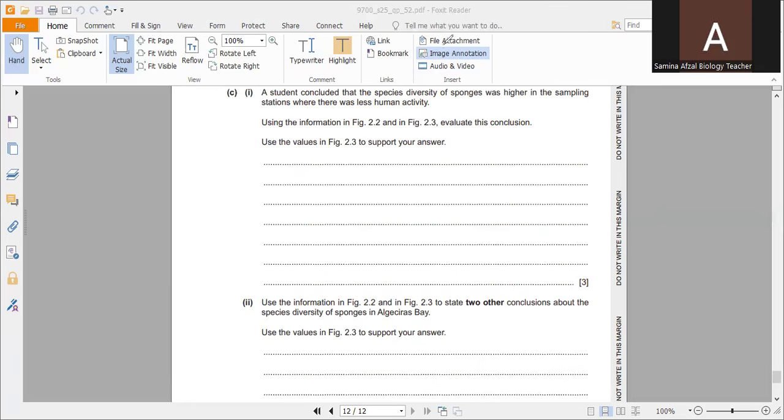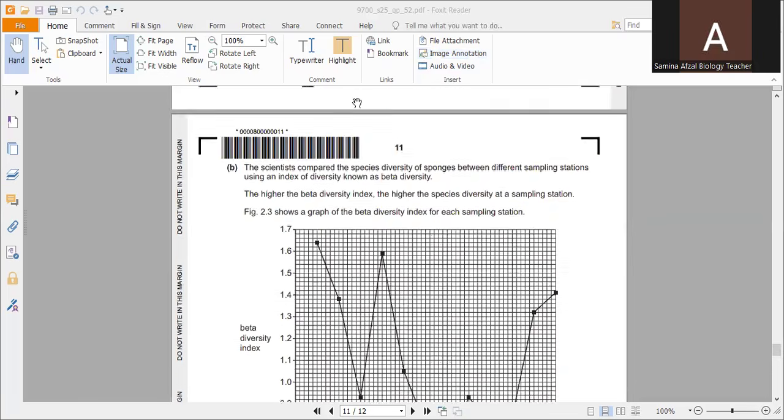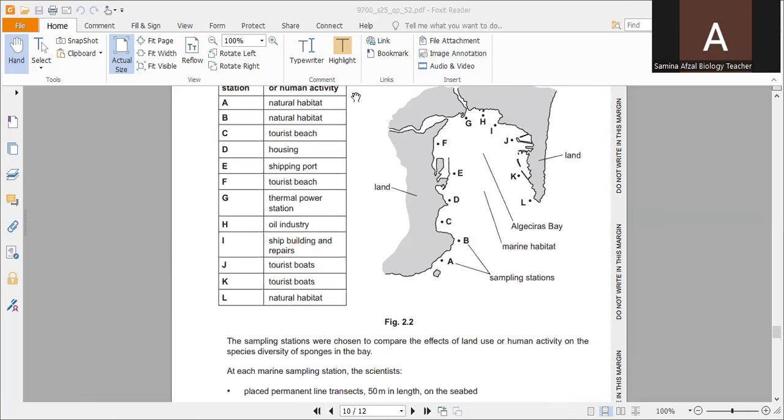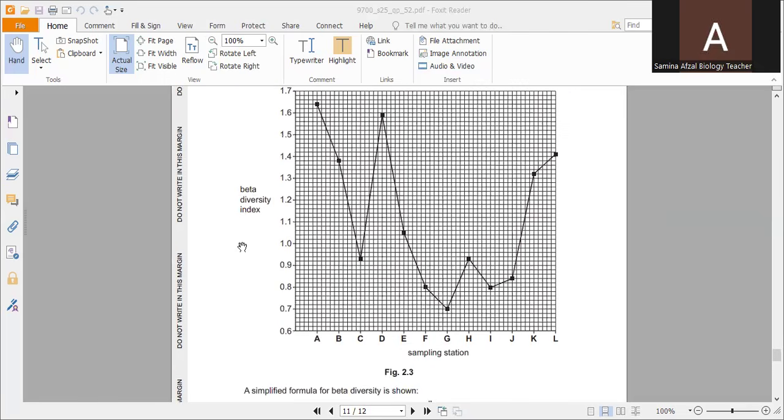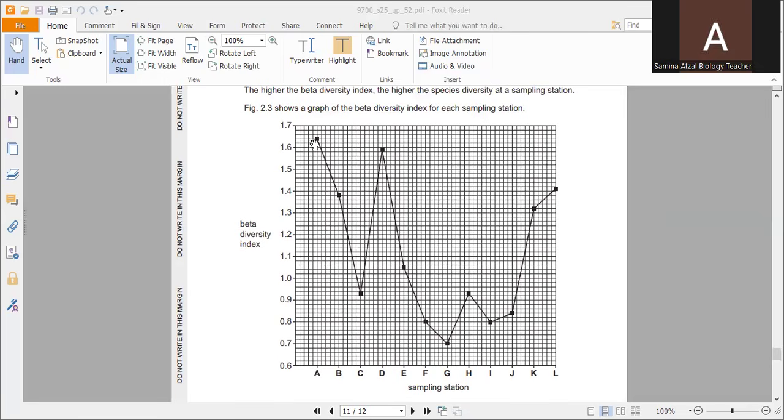So we will move back towards figure 2.2 and 2.3. You can see A is natural habitat, B is also natural habitat, and L is also natural habitat. If we look, in the natural habitats A and B the highest diversity is there, and L also has high diversity.